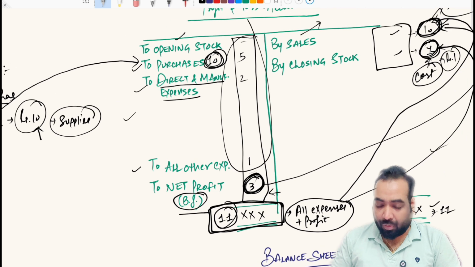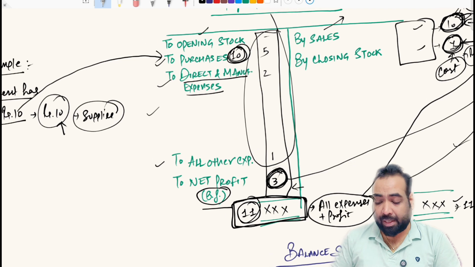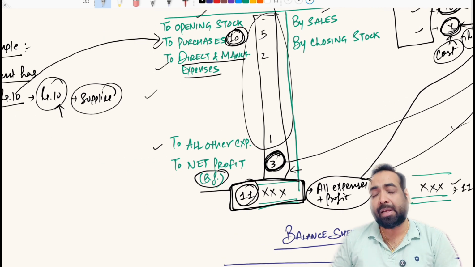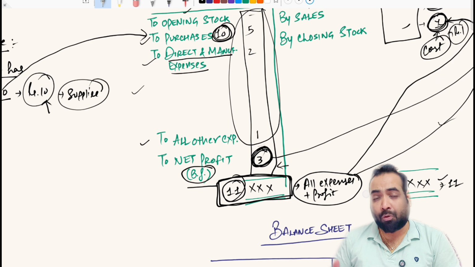So if we study only these expenses, we will get confused. We will say that all these expenses are paid in cash, but there can be a situation that some of these expenses are not paid in cash by the client. And how do we know how much expenses are not paid in cash by the client?